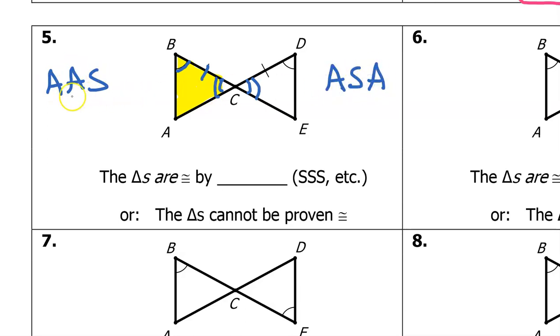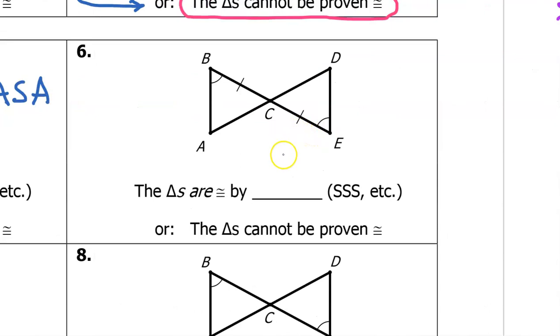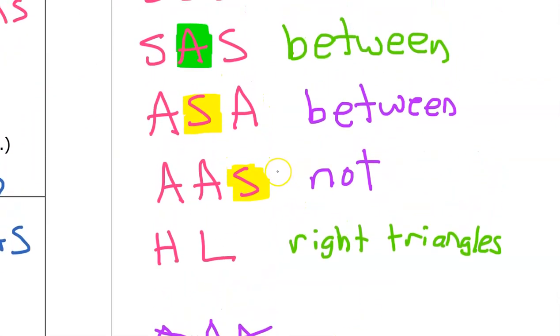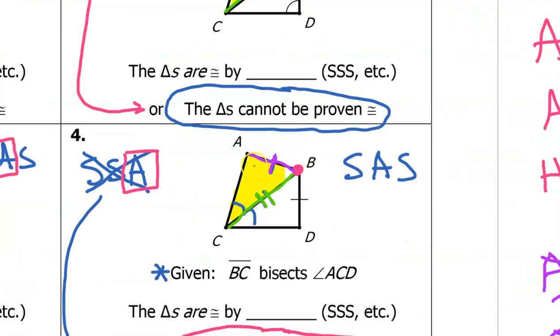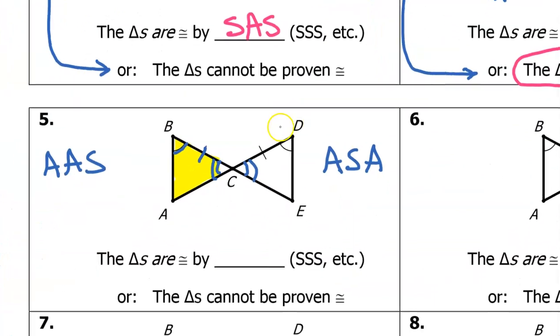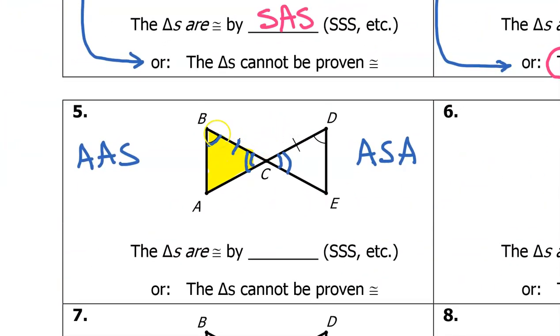Both of these involve two angles and a side. The difference all depends on whether or not the side is between the two angles. If the side is between the two angles, it will be angle, side, angle. Otherwise, it will be angle, angle, side. So let's trace it out and see.